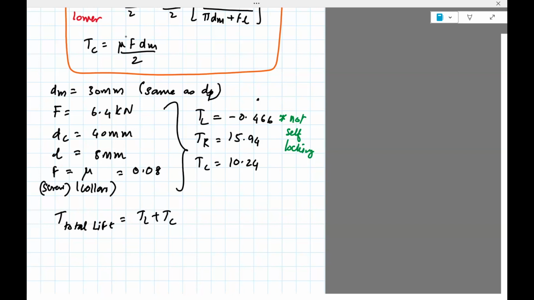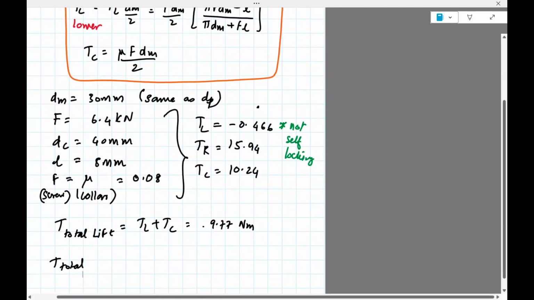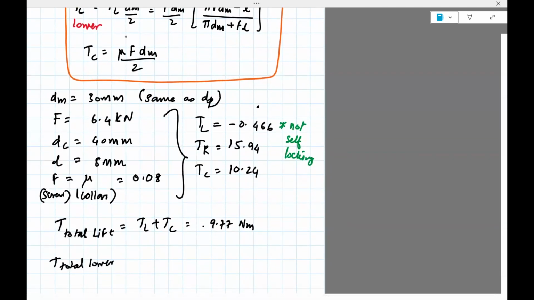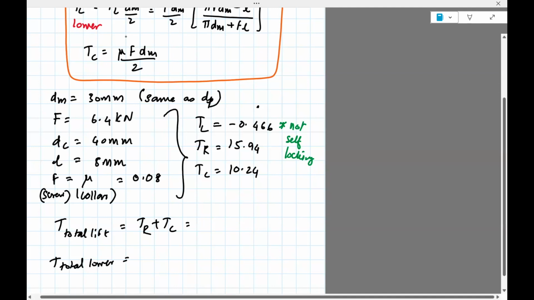So this comes out to be TL plus TC, which is minus 0.466 plus 10.24, that is 9.77 Newton meter, and total lower, sorry, just lift, my bad, sorry, TR plus TC. T lower should be TL plus TC.